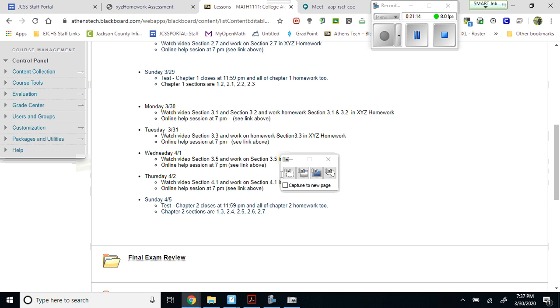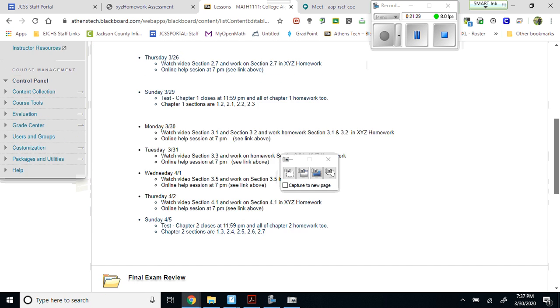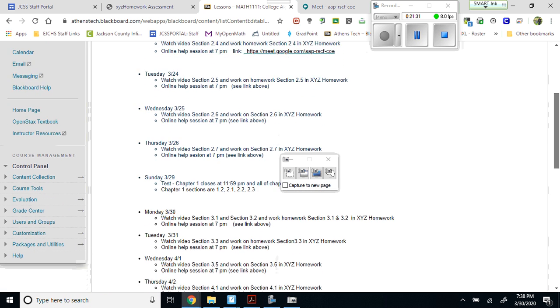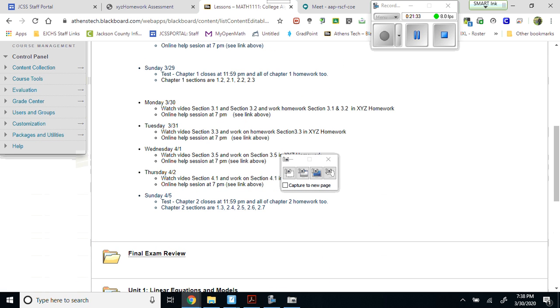And chapter 2 would take everything up to 2-7, I think, if my memory serves me right. Well, it's 1-3, 2-4, 2-5, 2-6, and 2-7, which is stuff that we finished up last week. We'll give you this week to get it back under your belt again, but you got to spend some time.